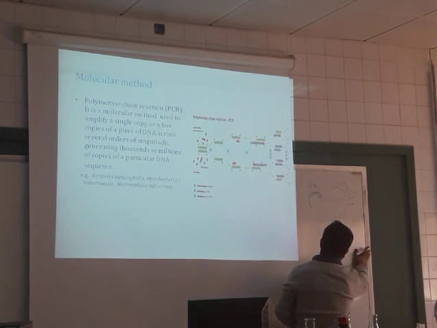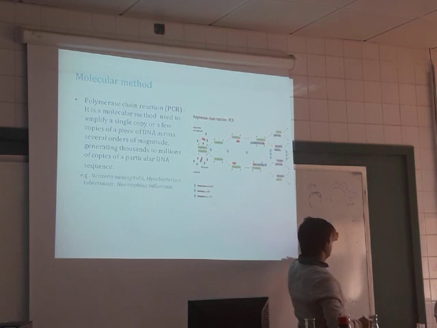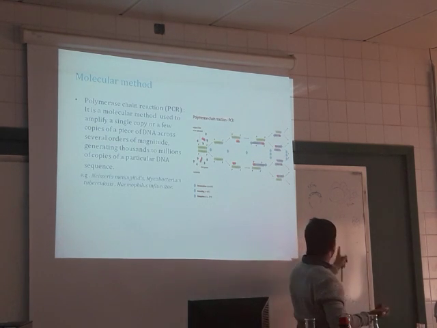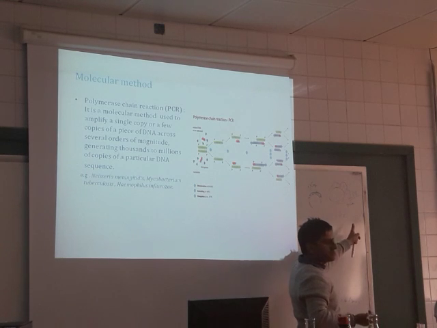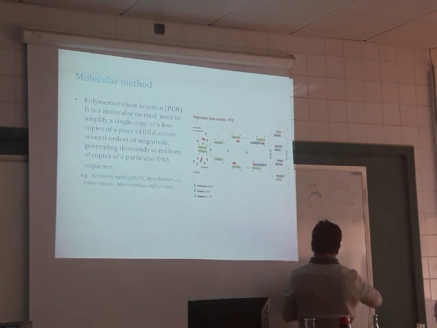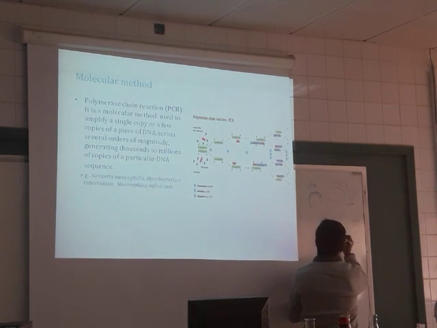In the first step, this is the DNA. We suspect the patient has some kind of infection and we isolate the sample. Maybe there is a piece of this DNA present. The first step in PCR, you will separate this DNA into 2 lines. How do we separate it?